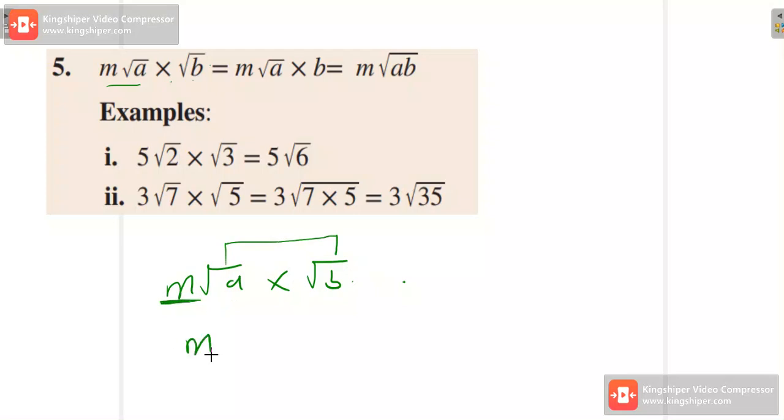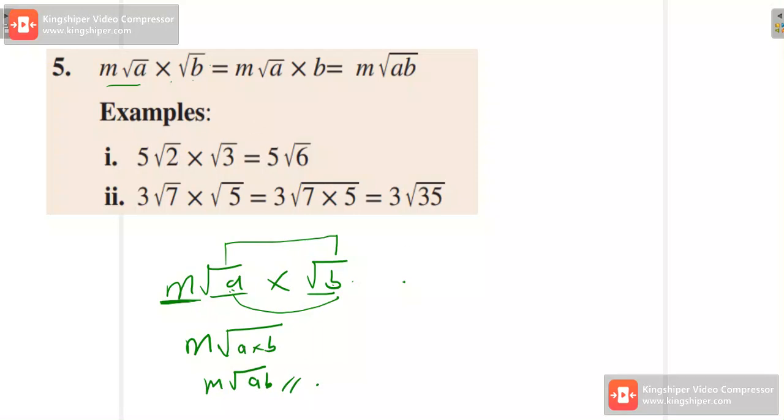So just hold the rational number, and because the radicals are different, the rule says that you just multiply the two and put them in just one root sign. So it becomes root of the product of the two radicals, which is A times B. And we have M root of AB. And that is the result.